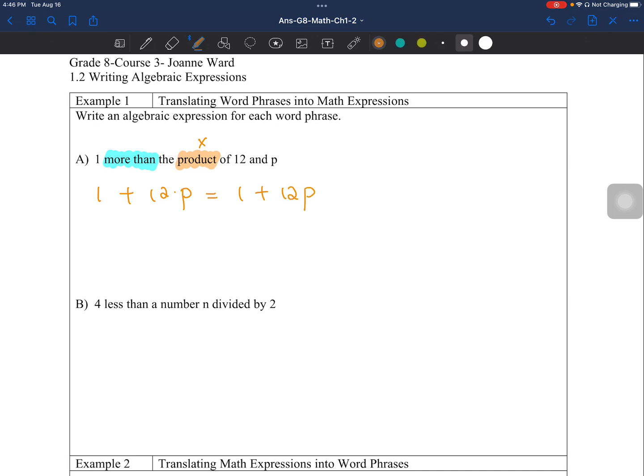Then I have 4 less than a number divided by 2. From this less than, 4 less than a number divided by 2, the expression is the number divided by 2 minus 4.